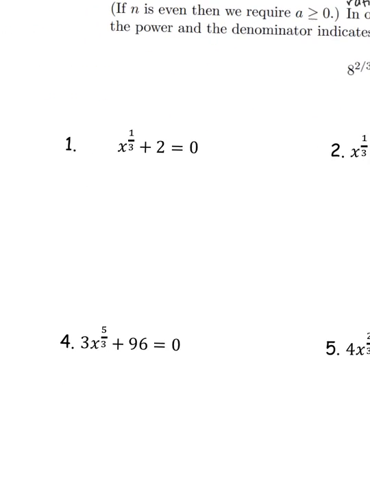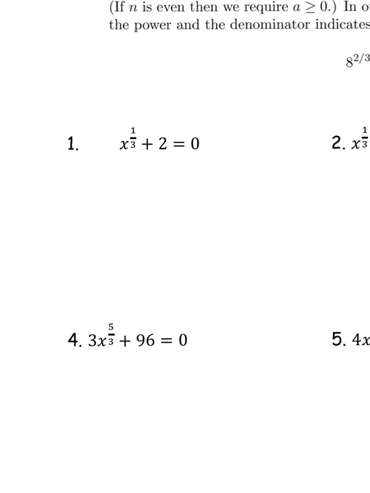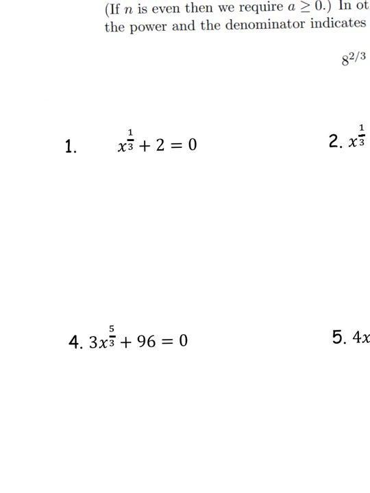So let's take a look at number 1 here. I want to rewrite this as x to some power so that it's a little bit easier for me to solve. So x to the 1/3 power, I can rewrite that. We're going to use this formula, so I'm going to call this a over b.